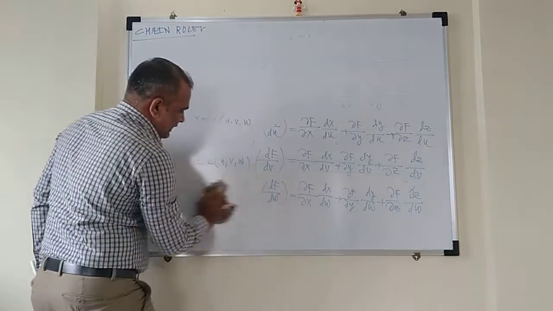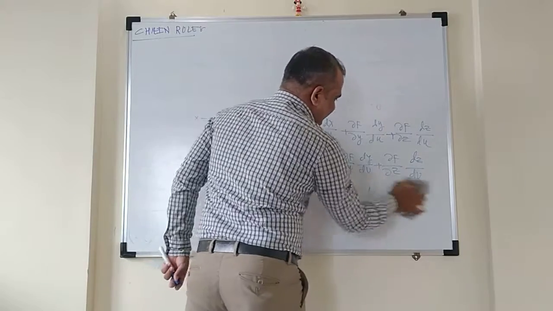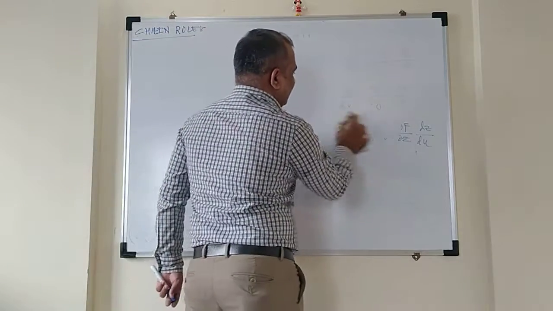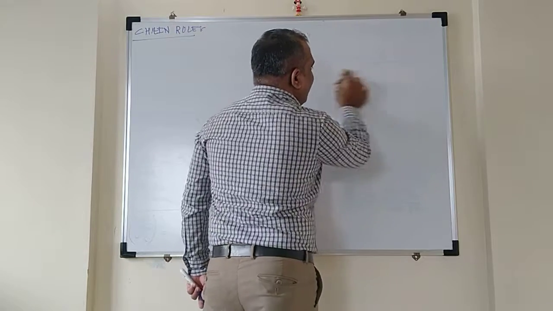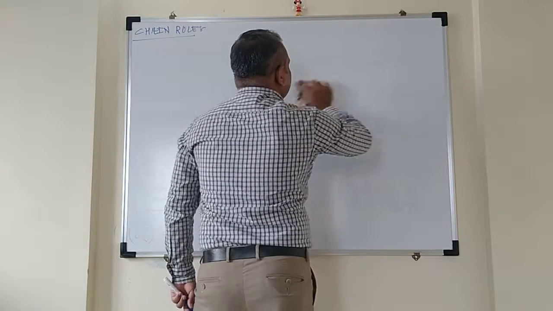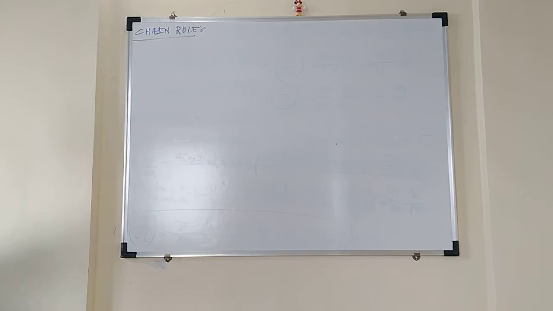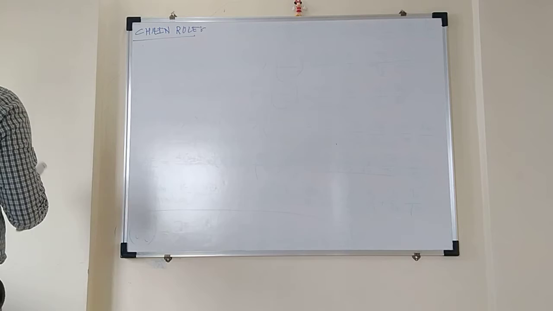Once you find it easier to write down the formulas and to identify whether the given function is a function of how many variables, then that will be very simple for you. So let me take the problem based on this.